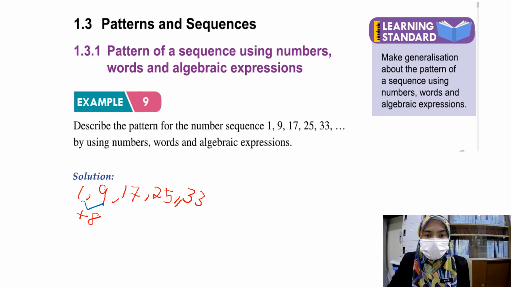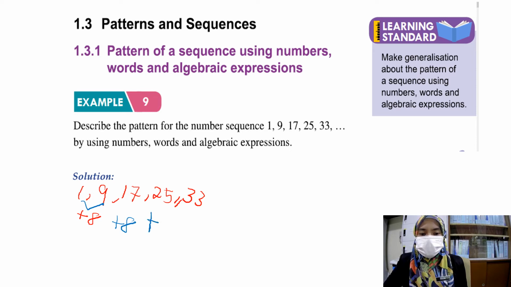Number 9 plus what number equal 17? Right, 9 plus 8 equals 17. Next, number 17 plus what number equal 25? Awesome, 17 plus 8 equal 25.